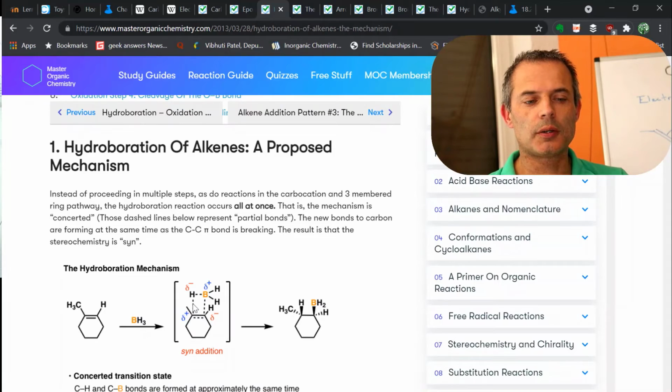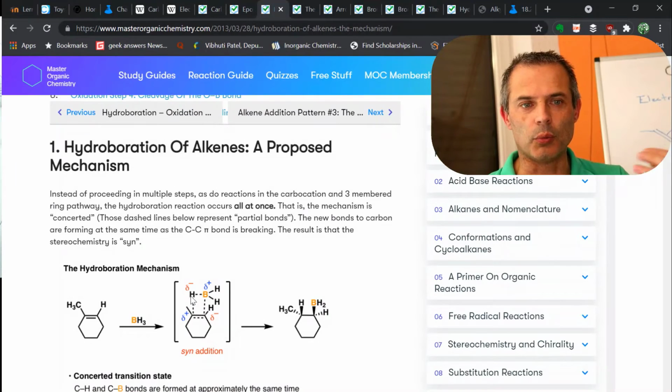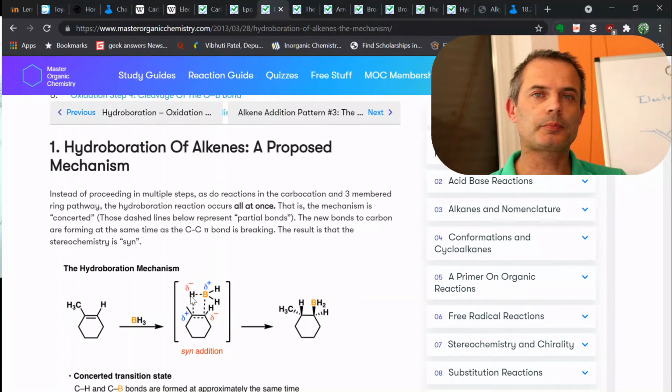But because the hydrogen comes from the same molecule, it's coming from the same side, we end up with this weird four-membered intermediate. Actually, four-membered intermediates are slightly more likely than three-membered intermediates, but in this particular reaction, the three-membered intermediates are quite common. In this case, we're going to attack the more negative carbon.